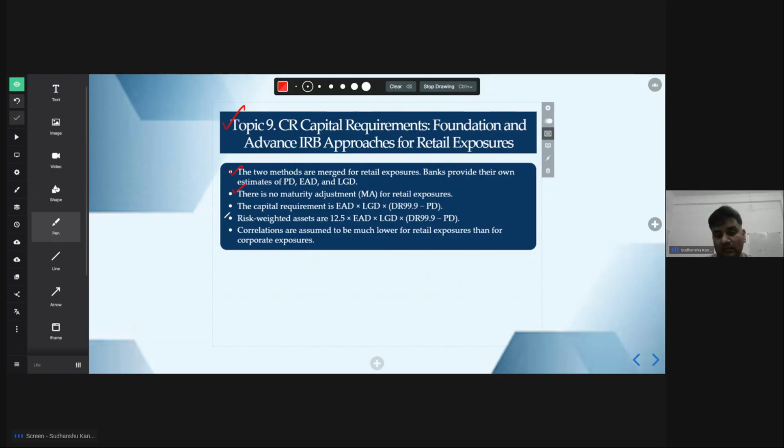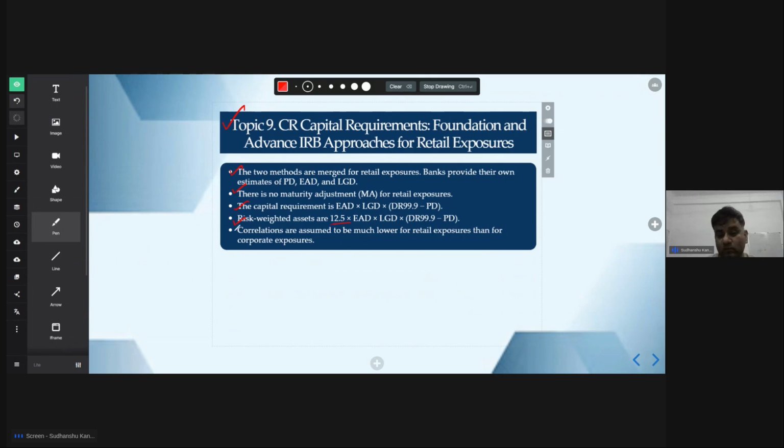Then you look at the capital requirements. Please understand that capital per exposure is EAD × LGD × (DR 99.9% − PD). Expected loss is removed; capital targets unexpected losses only. The risk weighted assets are 12.5, which is 1 divided by 0.08, × EAD × LGD × (DR 99.9% − PD).